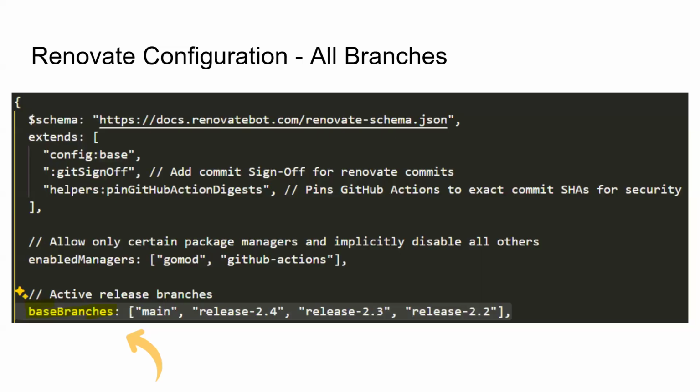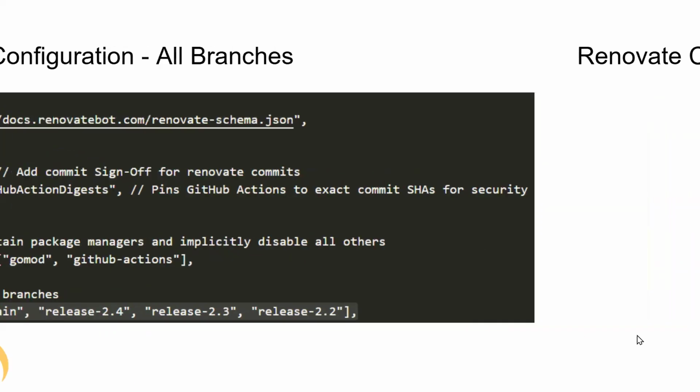As mentioned, Renovate will handle multiple branches. So it has a global parameter called base branches, where you can list all the branches that you will be using inside the package rules. In our case, it will be the main and the last three release branches.